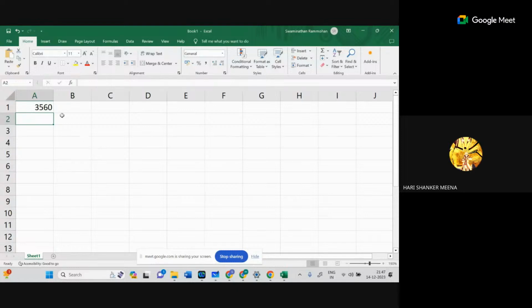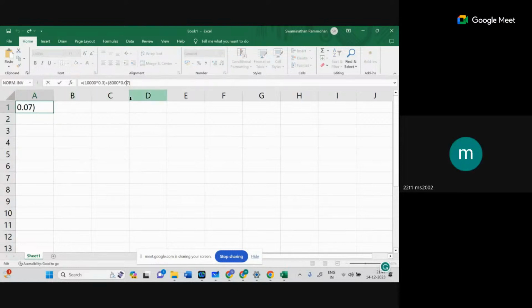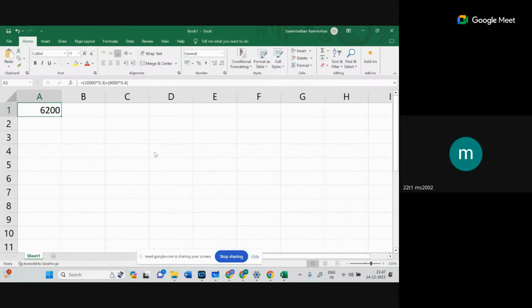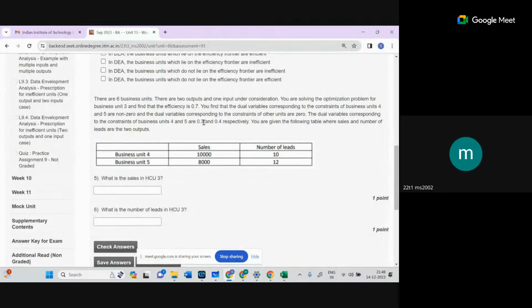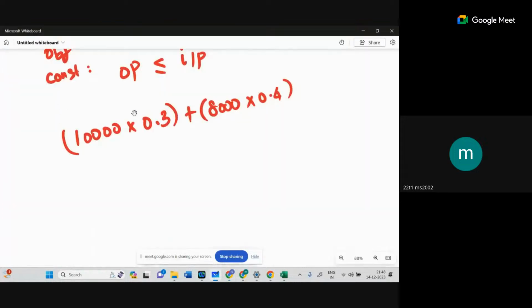Is it correct? Sorry, I think I'm making a mistake. 6,200 is this? 0.3 and 0.4. So 6,200.